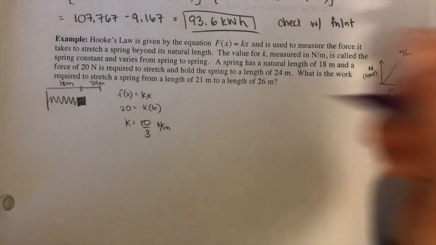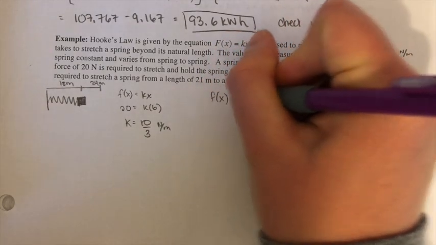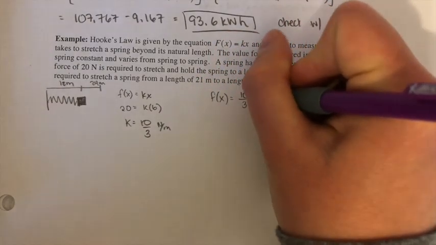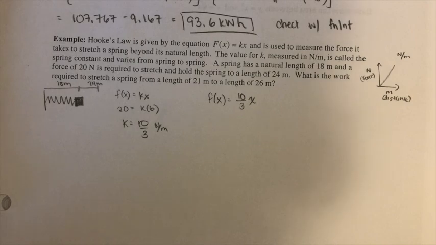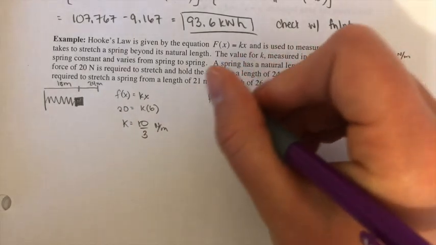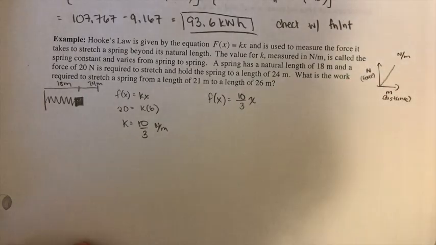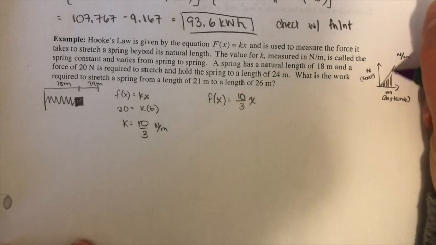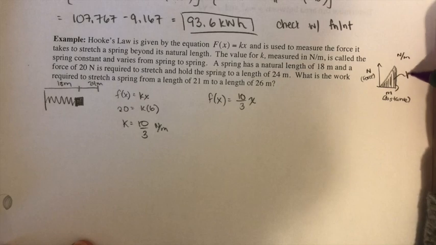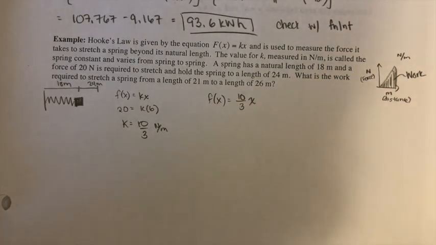Then, if we know this equation, if we put k in, it represents that spring. Remember how work is the area under that curve. So again, that's a physics 20 thing.